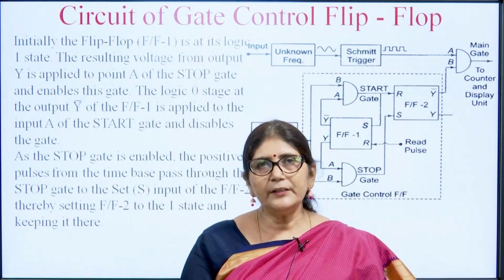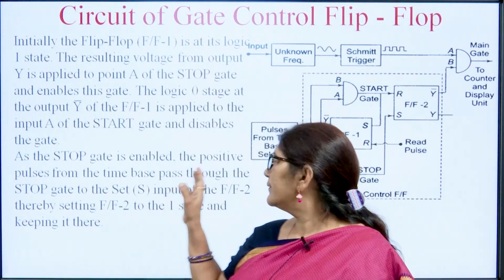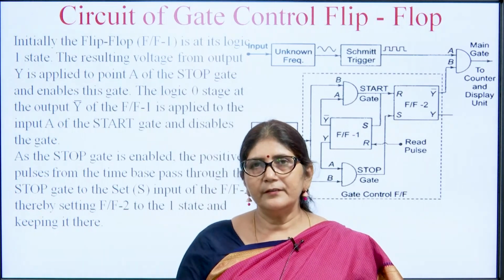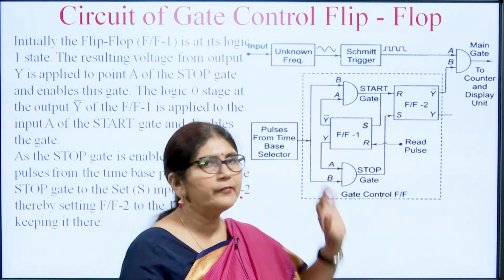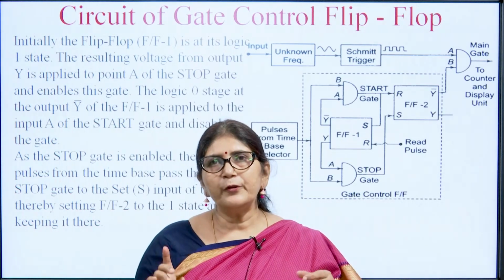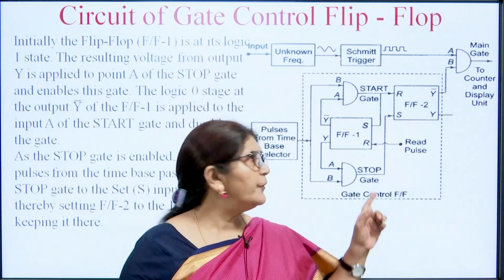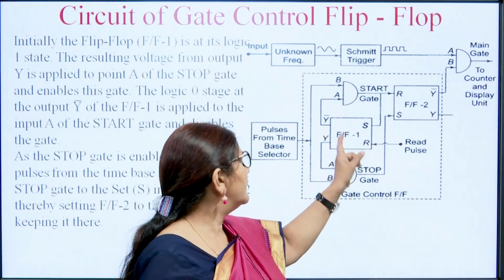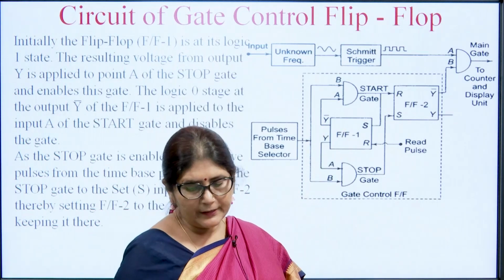Initially, flip flop 1 is at logic 1 state, and the resulting voltage from output Y is applied to the stop gate. When it is at set state, Y is high and Y bar is low.